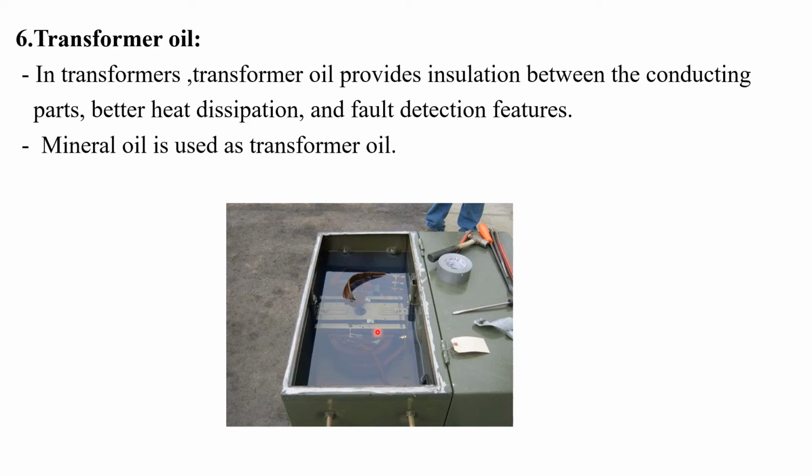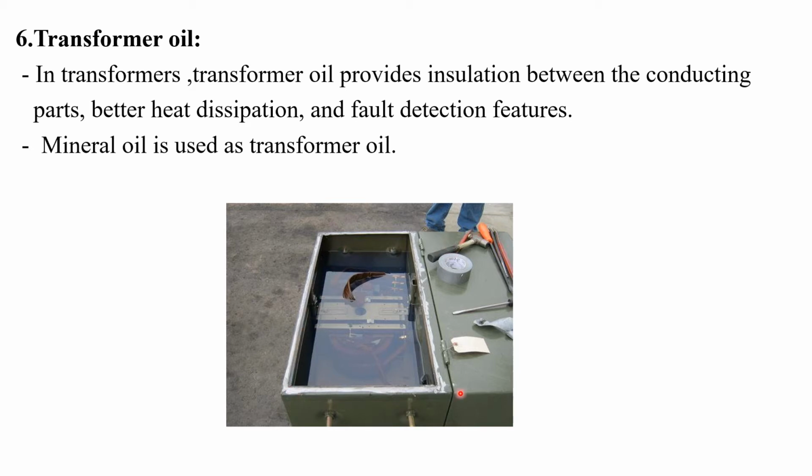In addition to these two functions, by checking the dielectric properties of this transformer oil, we can detect the fault in this oil and the windings. Normally, mineral oil is used as the transformer oil.